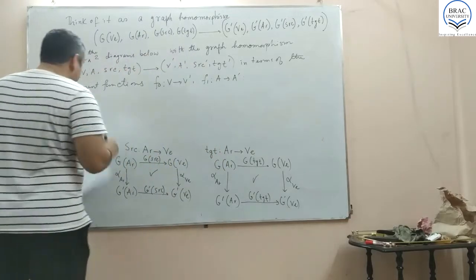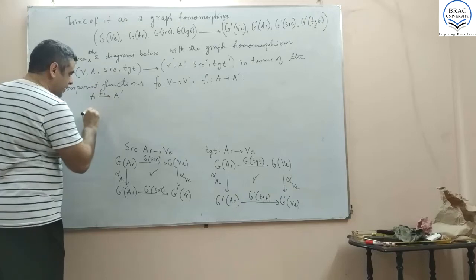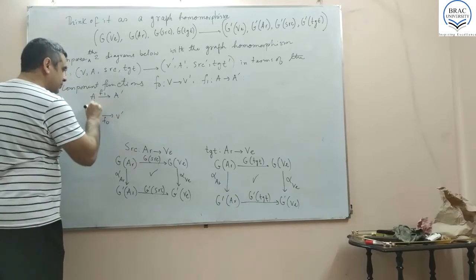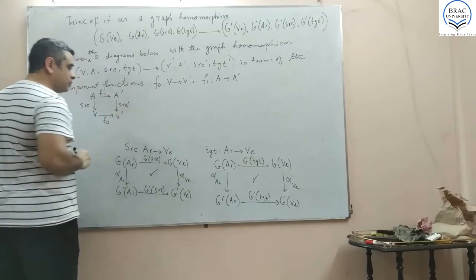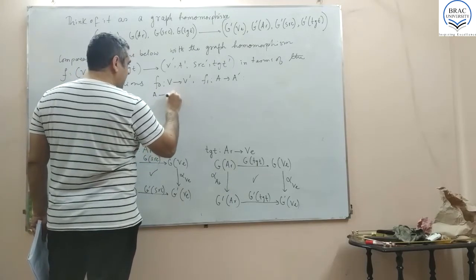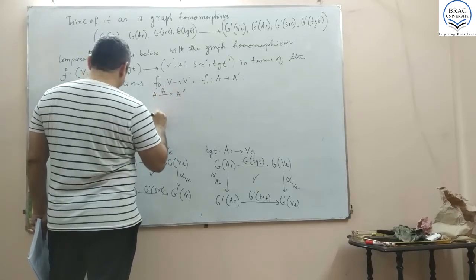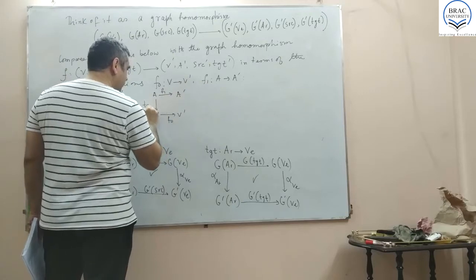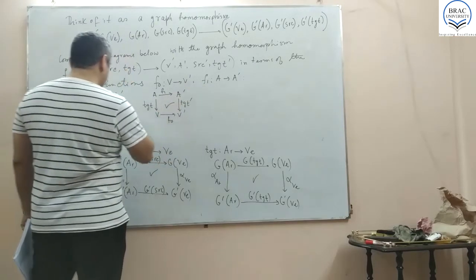One from A to A prime was F1, and another one from B to B prime was F0, and there was a source map from A to B. There was another source map from A prime to B prime, and at the target level we had another map from A to A prime, which is F1 again, and from B to B prime is F0, and there is a target map from A to B and a target map from A prime to B prime. And these two diagrams complete.